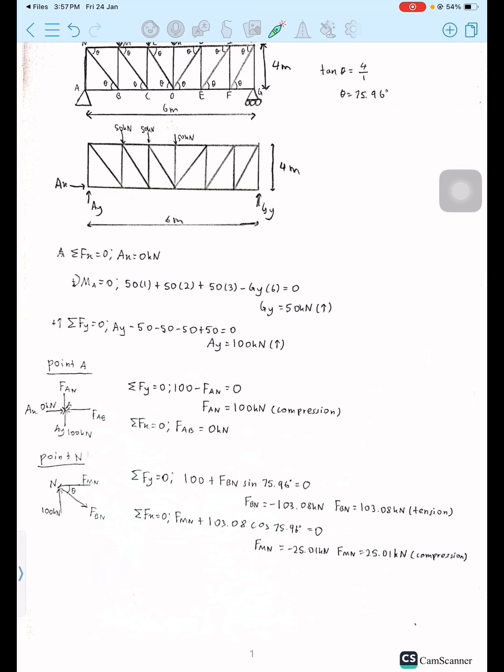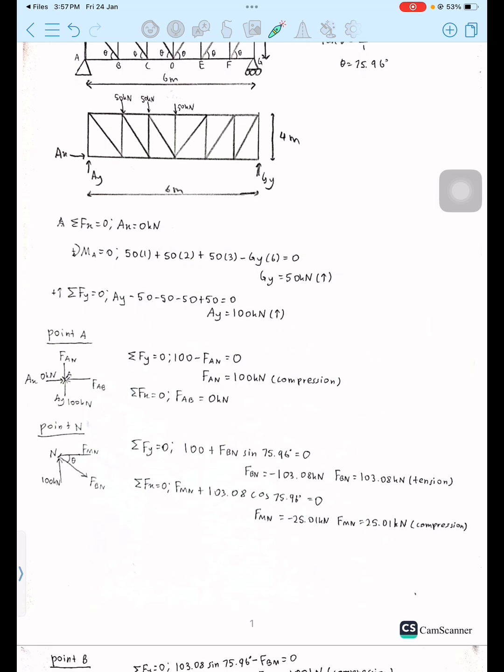We have 50 times 1 plus 50 times 2 plus 50 times 3 minus GY times 6, because we assume clockwise is positive and GY is upward, so its moment is counterclockwise. We get GY equal to 50 kilonewton.